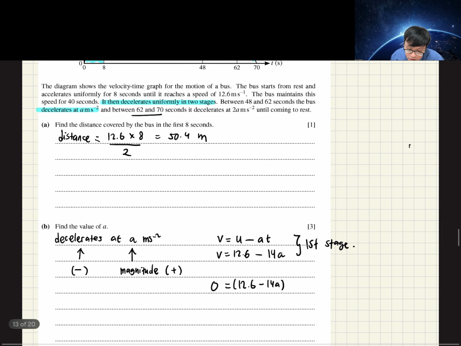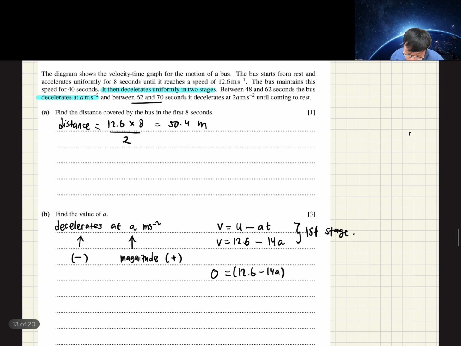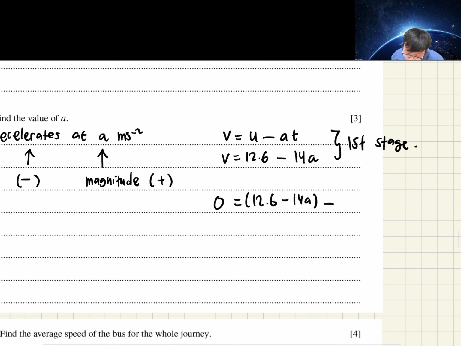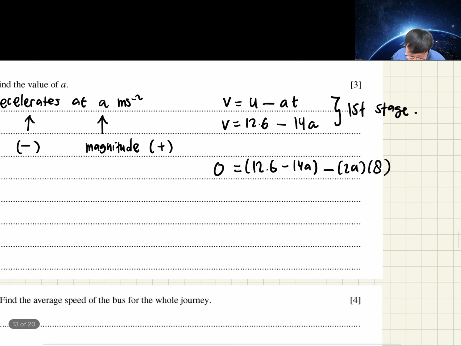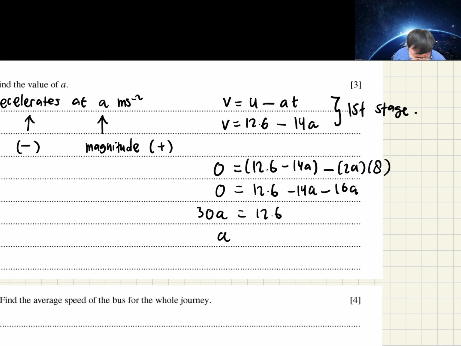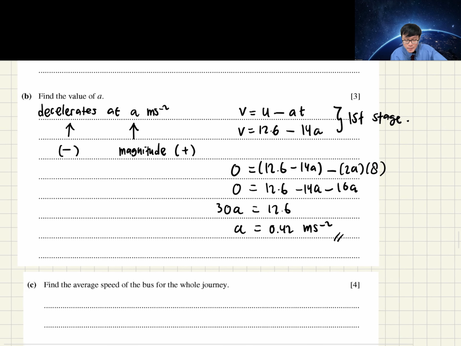The final velocity is 0. Then minus 2A, and the time is 8. From here we can solve for A: 0 equals 12.6 minus 14A minus 16A. So 30A equals 12.6, and you get A equals 0.42 meters per second squared.